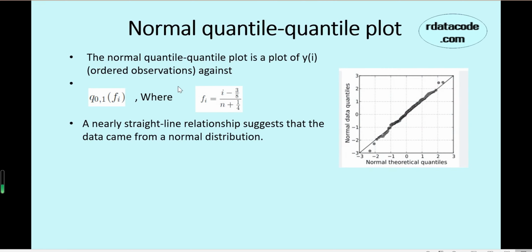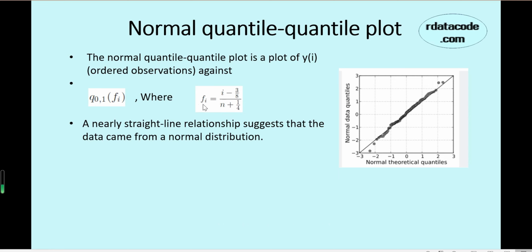Next, we can plot a quantile plot with the theoretical normal quantiles on the horizontal axis and the sample data on the y-axis. For example, each data value of the random sample is plotted here, and from this value we find the Fi for this random number.